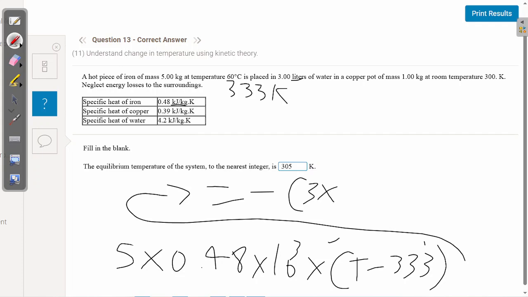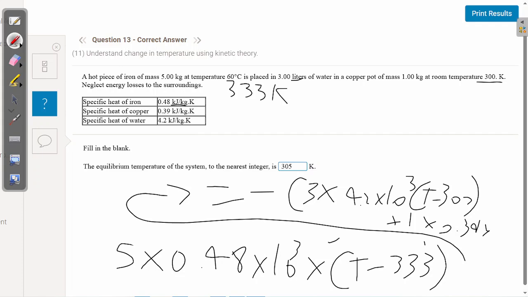So 3 times 4.2 times 10 to the power 3 times T minus 300, they were both at room temperature, plus 1 times 0.39 times 10 to the power 3 times T minus 300.